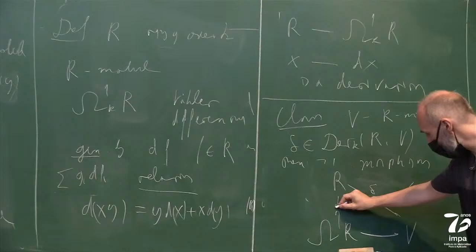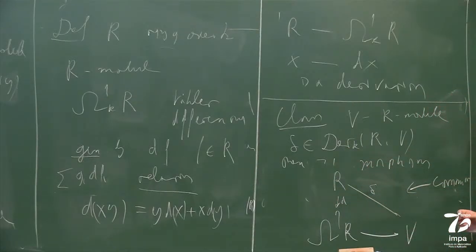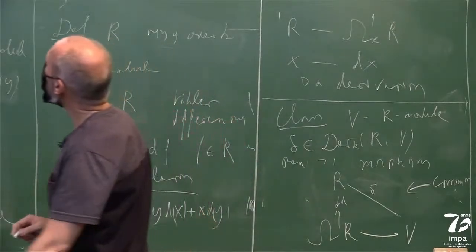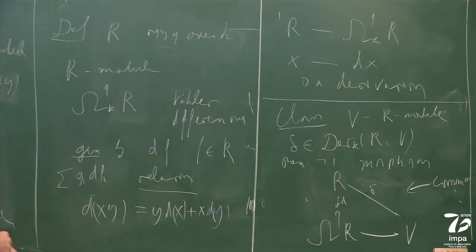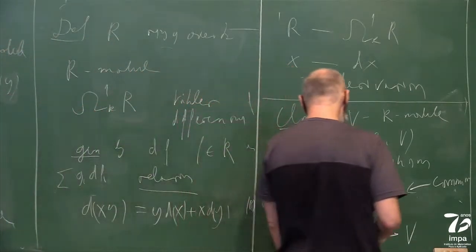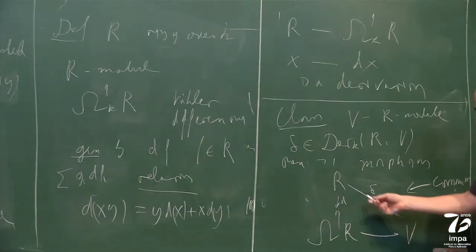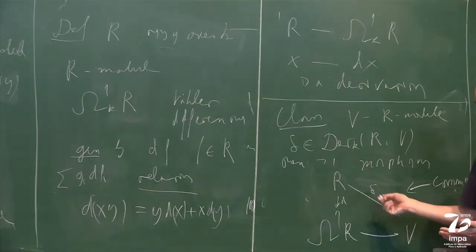So you have two derivations. They are not morphisms of our modules, they are derivations, and you have a morphism of R modules at the bottom. This is the universal property. There is nothing to prove, essentially, because you have an element f which goes to df.